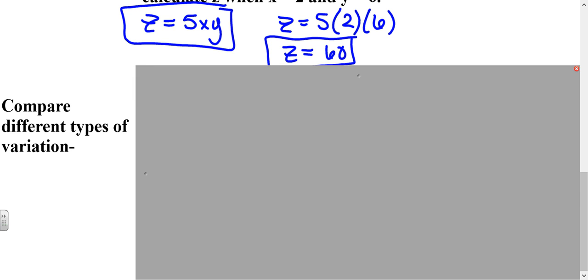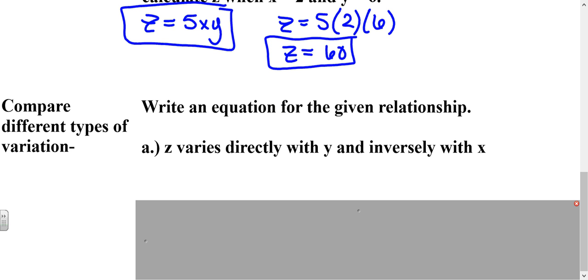All right. We can also compare different types of variation, so you can kind of mix them together. So you'll notice that we have directly and inversely here in the same sentence. So it says z varies directly with y, and inversely with x.